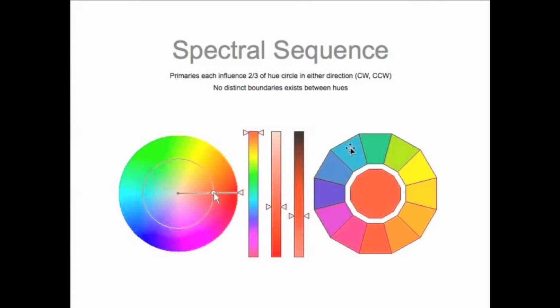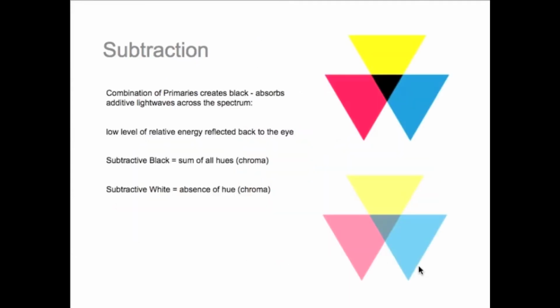This also reflects what's going on in the subtractive circle. The idea of subtraction, of course, is that light is subtracted away. The pigments are absorbing light and removing light from the mix. When you have a combination of all 3 primaries in the subtractive, you get this resulting black, and black absorbs all the light waves in the spectrum.